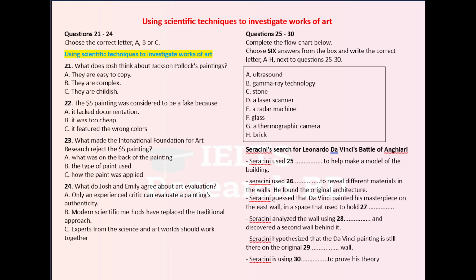Well, Biro worked on a case where a client asked him to prove that a painting she bought for only $5 was an authentic Jackson Pollock. So was it a fake? Well, Biro found evidence to show it was a genuine Pollock, but the art world didn't accept his findings. Why? Well, one critic said that compared to other Pollocks, the white and yellow lines on the painting were too straight.